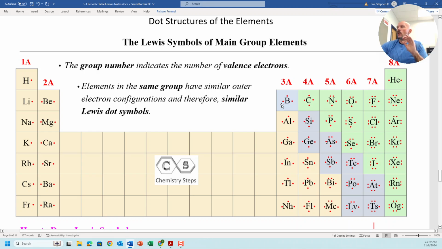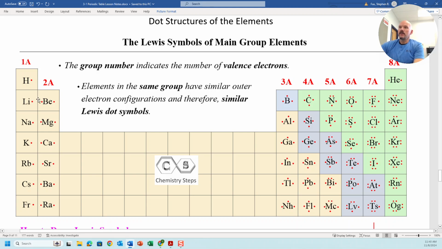So you can draw them a little differently than the way they're drawn here, but nitrogen has 5 valence electrons, so you go 1, 2, 3, 4, and then 5. Don't pair them up until they have to. Notice when you have 4 valence electrons, none are paired up. You don't get any paired electrons until you have 5 or more valence electrons.